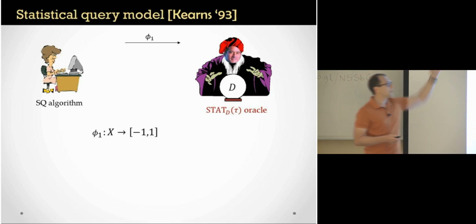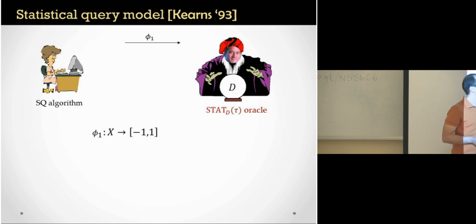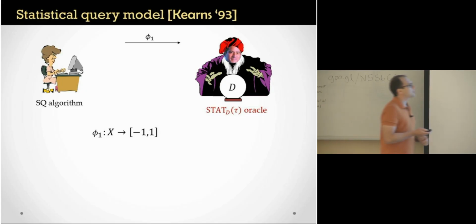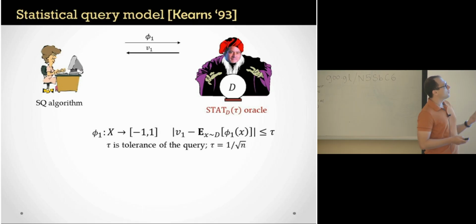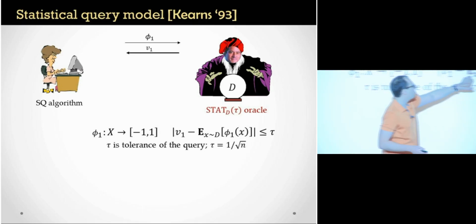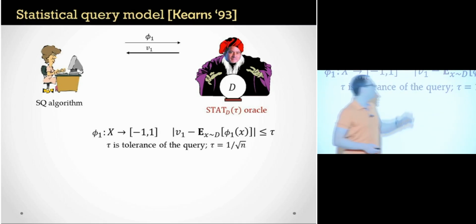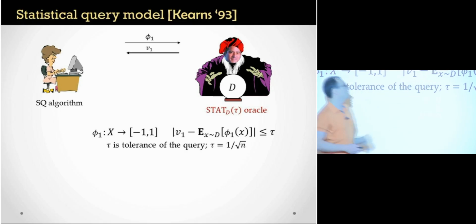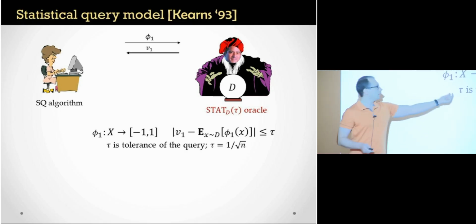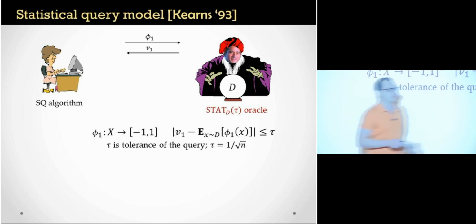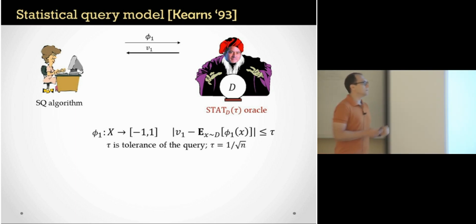An algorithm can ask a query to this oracle, and a query to this oracle will be described by a function which maps an element of your domain to some value we normalize to be in the range -1, 1. And to such a query, the oracle will respond with some value v, which is within tau close, where tau is the parameter of the oracle, of the expectation of that function with respect to the unknown distribution D. You can think of this accuracy or tolerance parameter tau as roughly corresponding to 1 over square root n samples in the original model.